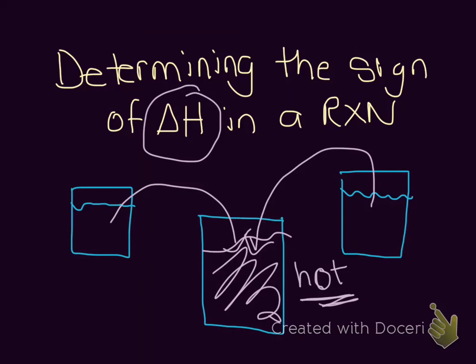Okay, so if the reaction gets hot, that would be a negative delta H, okay? So plus in temperature, right? That can be kind of confusing because the temperature is increasing, so you think it's actually absorbing heat energy.